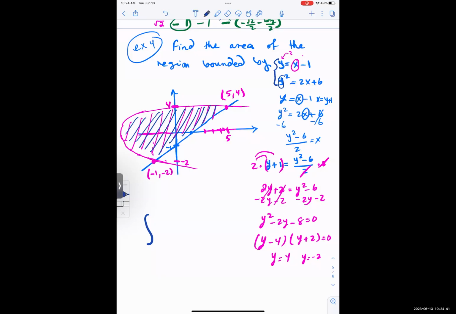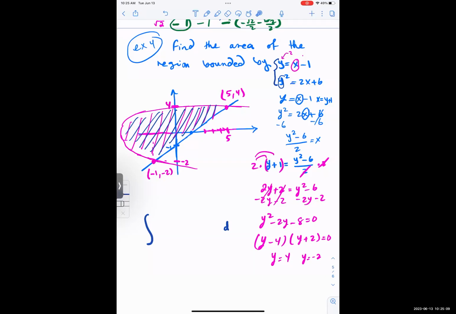Okay, now you want to set up the integral. So the cuts, do you see? I want you to pay attention. If I cut vertically, what would be the problem? Can you see if there is a problem? So for part of the graph, top and bottom are coming from the same function.